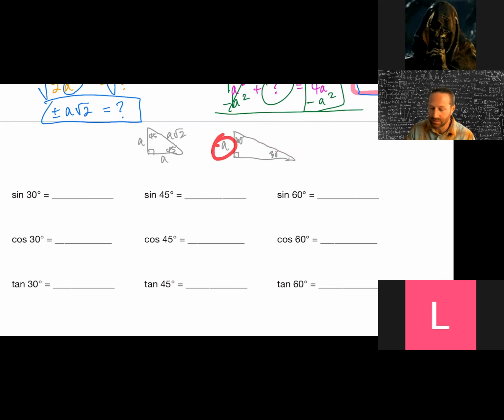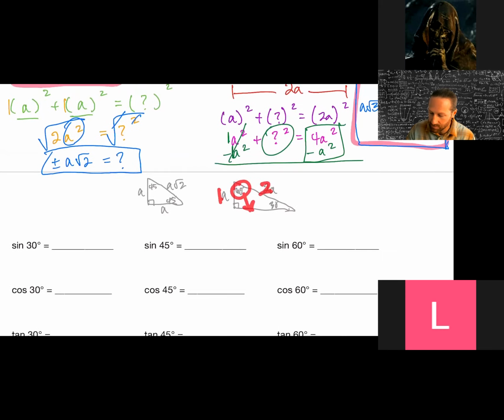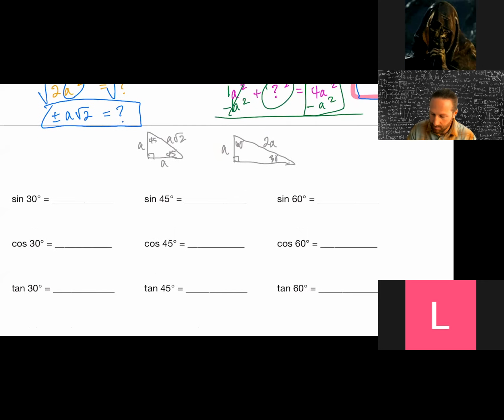How much bigger was it than the smallest? Twice. And since this is 1a and this is 2a, smallest side, biggest side, we know the one in between has to be between 1 and 2. And we went and discovered it was root 3.